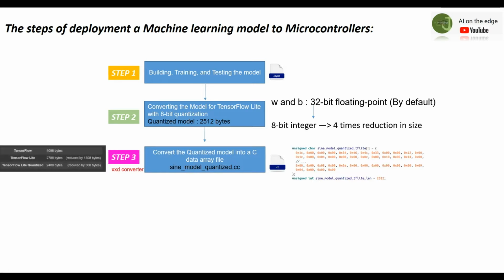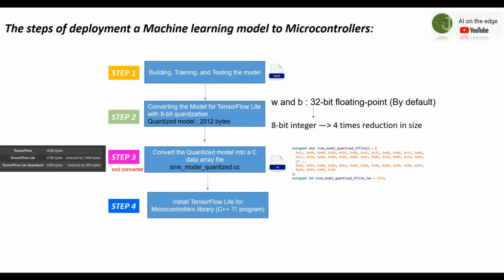And this is a very clear example of how the size of the model changes after converting to TensorFlow Lite, and from TensorFlow Lite we convert with quantization. You can see how the size has been reduced, and in the last step the size would be 2.4 kilobytes. So now we have a header file. We can easily import it in our microcontroller.